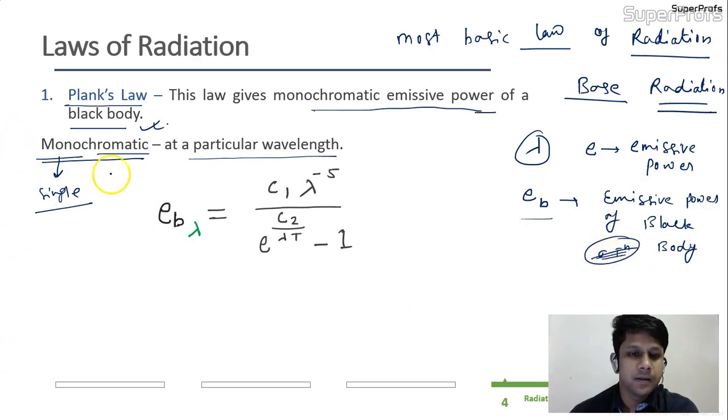This law gives the monochromatic emissive power of a black body, and according to it, EB at a particular wavelength lambda is equal to C1 lambda to the power minus 5 divided by exponential C2 by lambda T minus 1, where C1 and C2 are some constants.